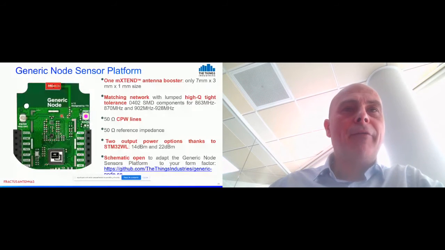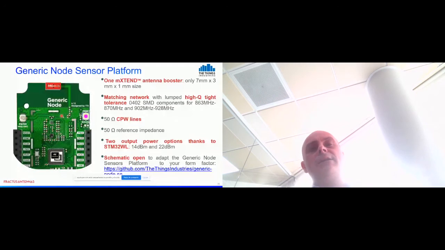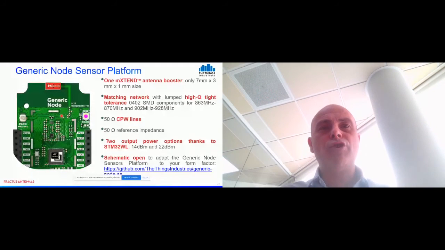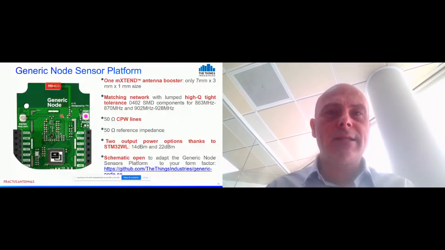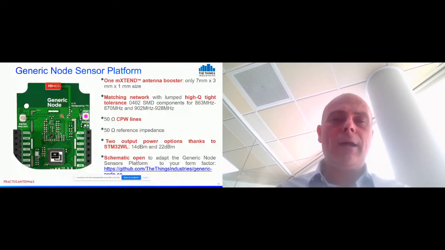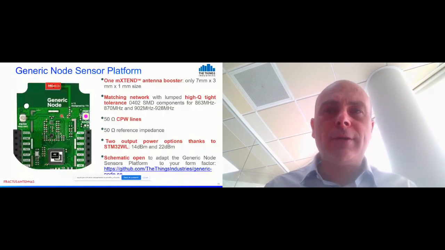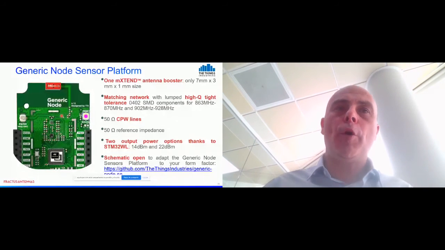In this case, we have a very powerful transceiver system on chip by ST Microelectronics, the STM32WL, which was presented by our colleague Benjamin yesterday. It has a very nice option, which is a two output power option.